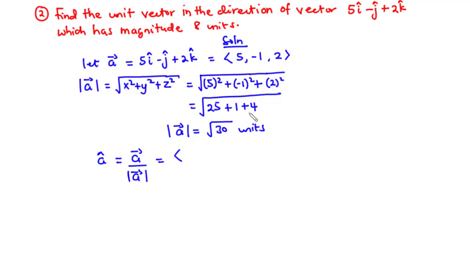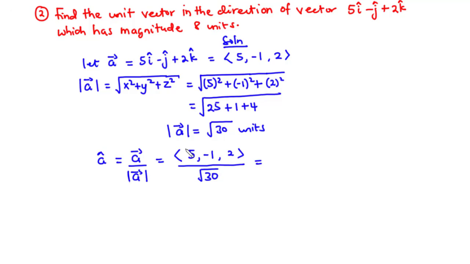So we have vector A to be 5, -1, 2, and then we divide by its magnitude, that is root 30.